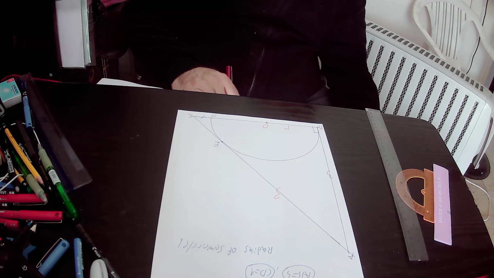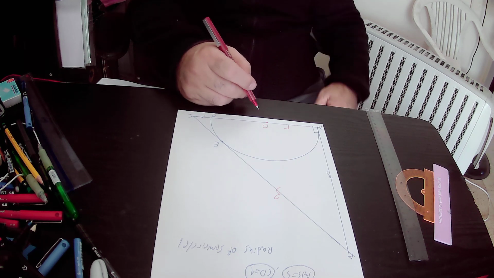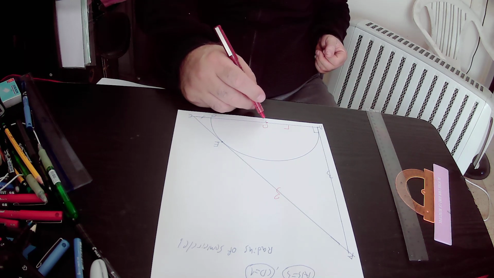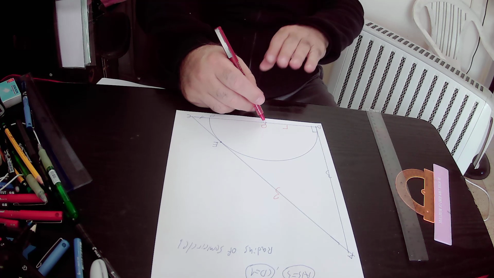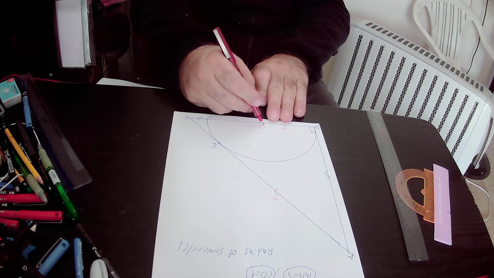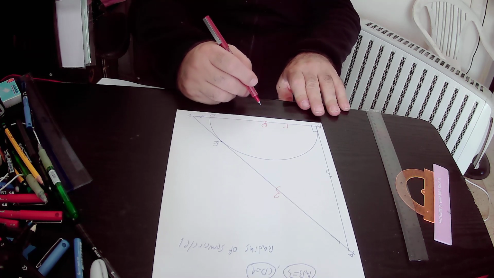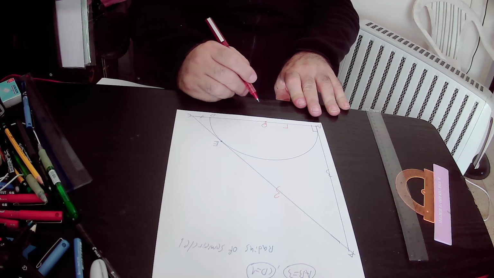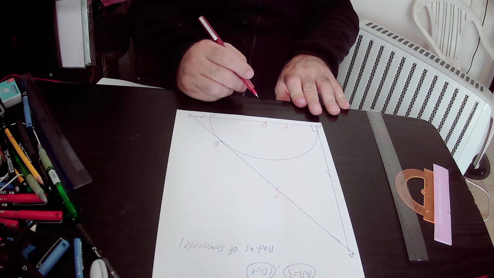OB is the radius of the semicircle because line segment OB starts from the center of the semicircle, that is to say from point O, and ends at point B, that is a point on the semicircle itself. Therefore it is the radius.